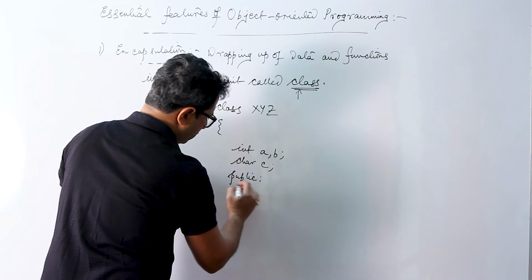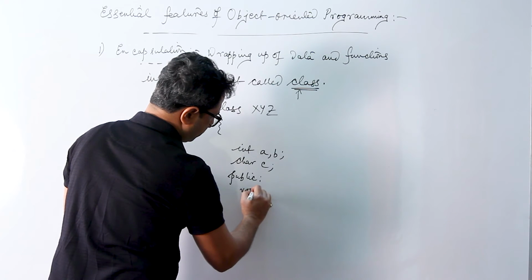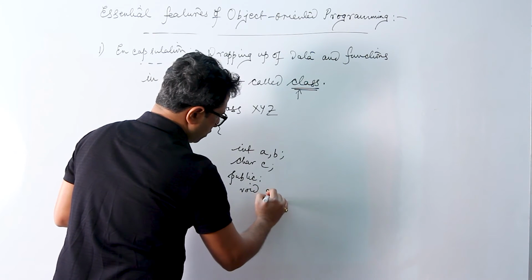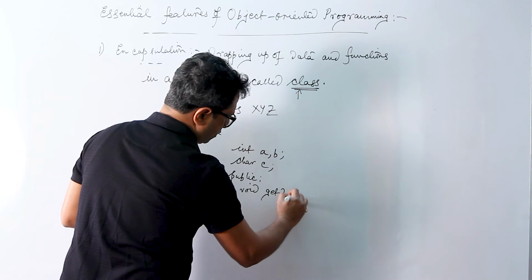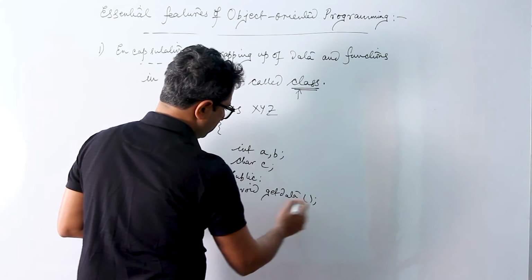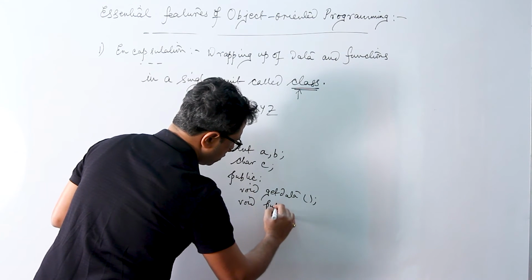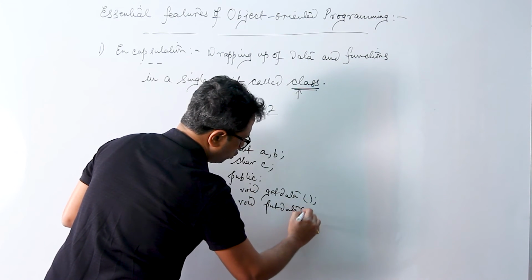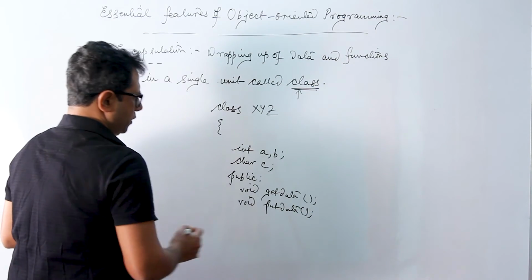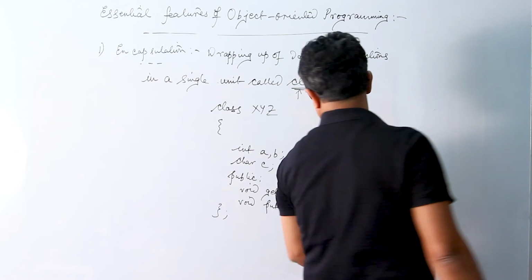Public, any function, suppose void get data, void put data. So this is nothing but a class definition.